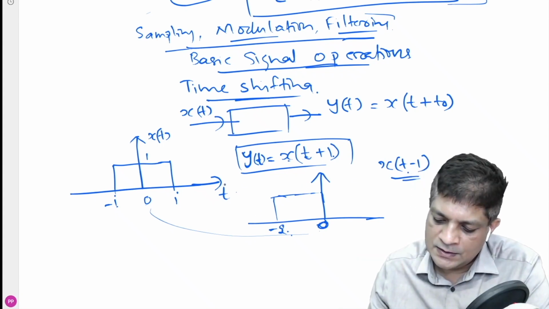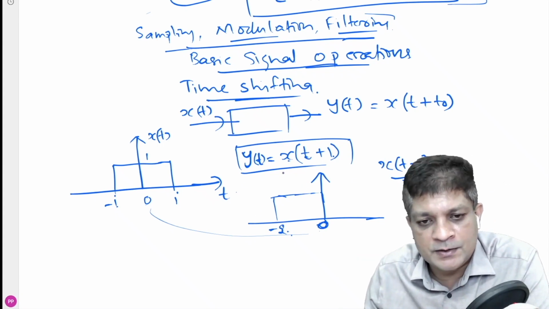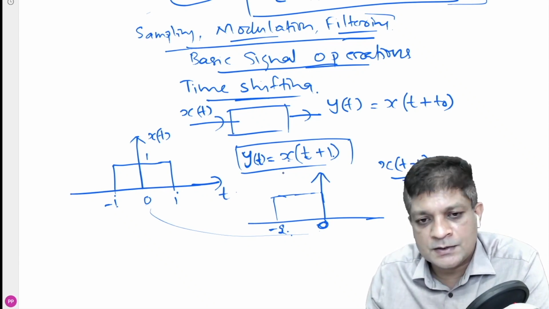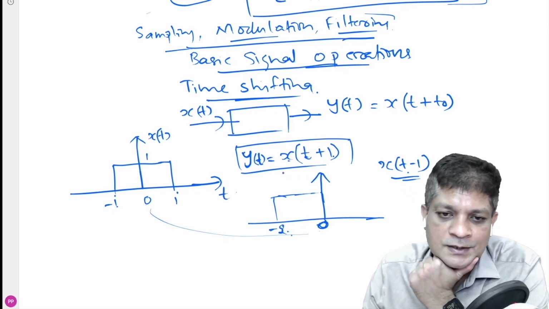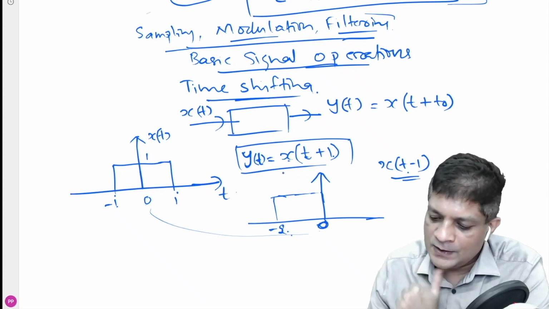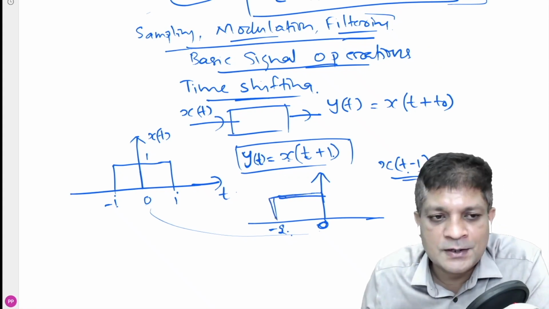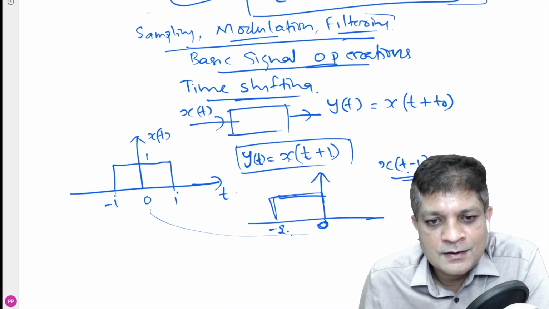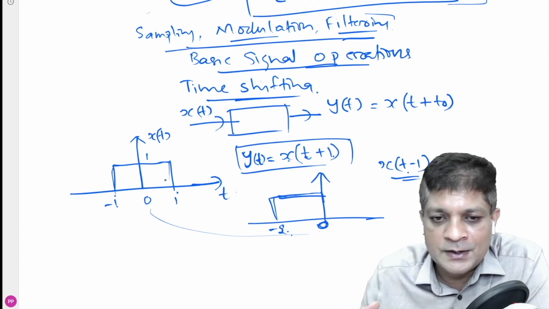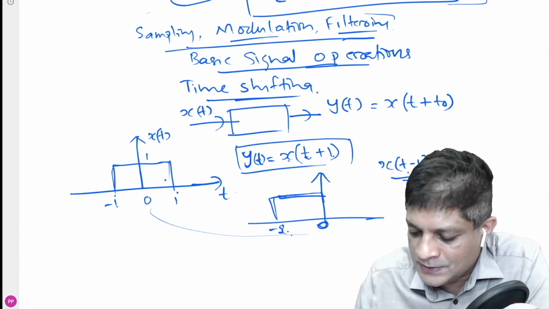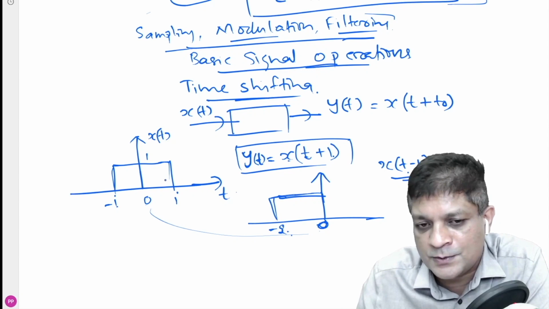So can we say that the first operation is time advance and the second one is time delay? Shifting it left means we are advancing that signal, isn't it? For example, we can relate it with our previous example, where you are measuring the output across a resistor.